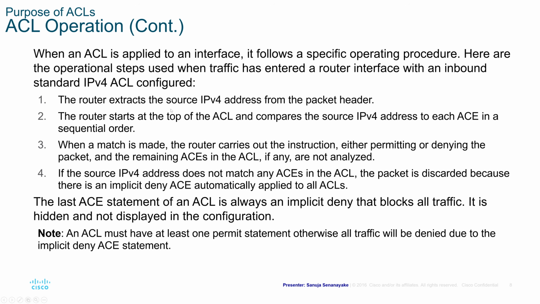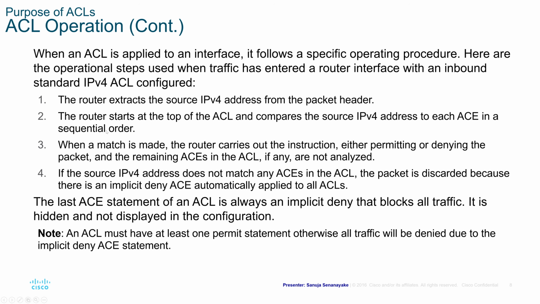The router extracts the source IPv4 address from the packet header. The router starts at the top of the ACL and compares the source IPv4 address to each access control entry, also known as an ACE, in sequential order.